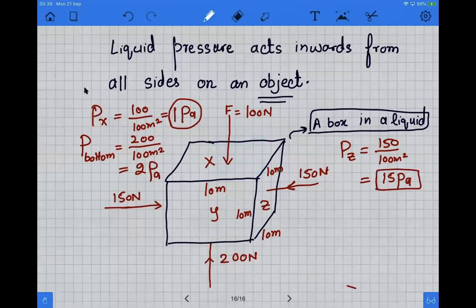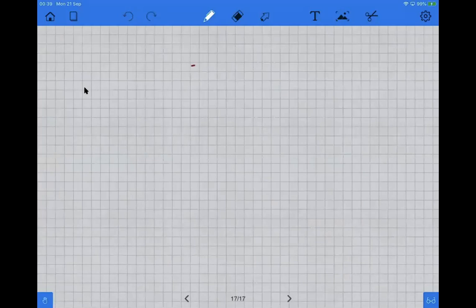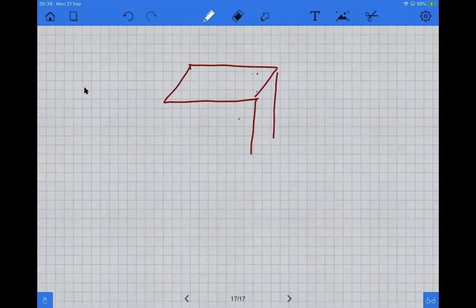Now I have to discuss one important thing: the pressure on the side faces. Let me draw the whole box and let's discuss the pressure on the side faces. What you need to know is that we are discussing the side faces.